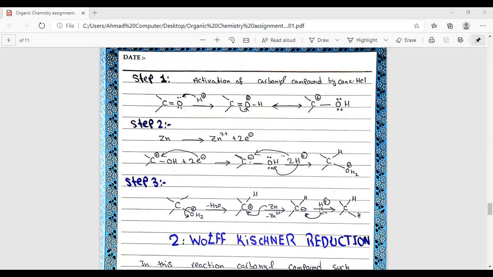Protonation occurs, and finally we form the alkane from the carbonyl compound.